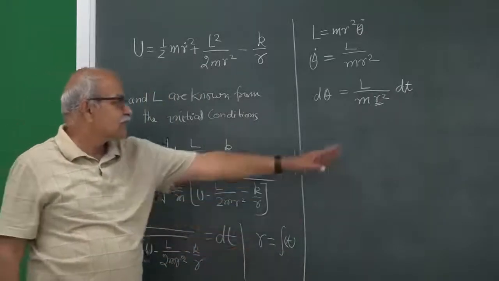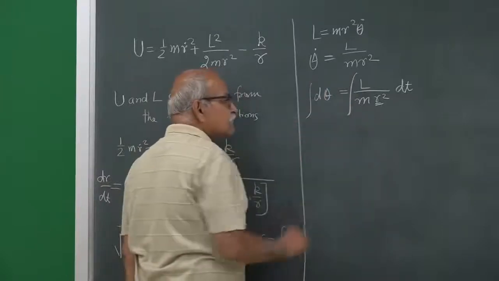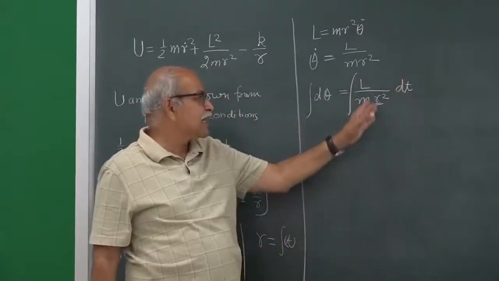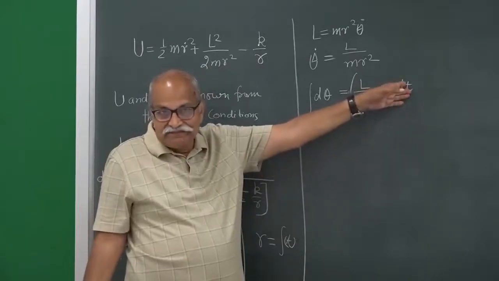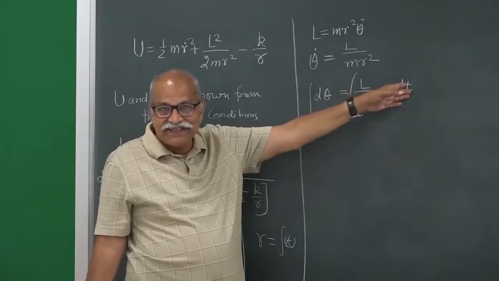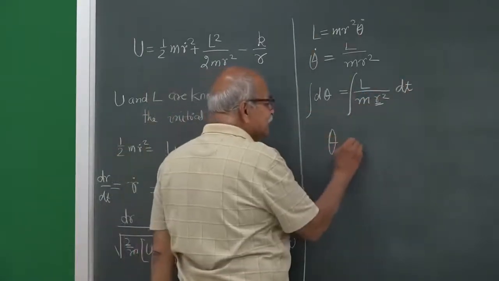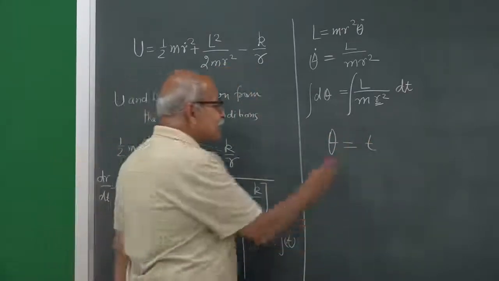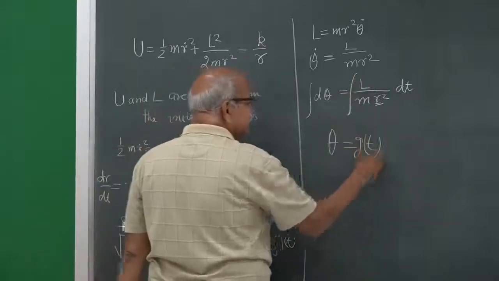Once again, it is a matter of integration. You have dt here, you have a function of time, a function of time to be integrated with respect to time. It is a calculus matter. So, do it. Once you do it, you get theta as a function of time. All right. So, this is f t, let us call it g t.